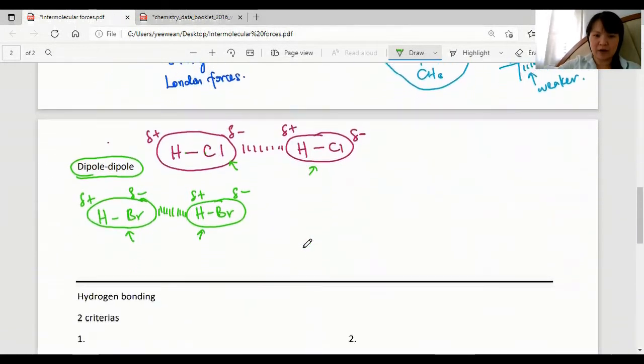We can compare the boiling points of HCl and HBr to find out which is higher. If the HCl boiling point is higher, that would mean that the permanent dipoles are stronger. But if the HBr boiling point is higher, that would mean that its London forces are stronger because it has more electrons here.